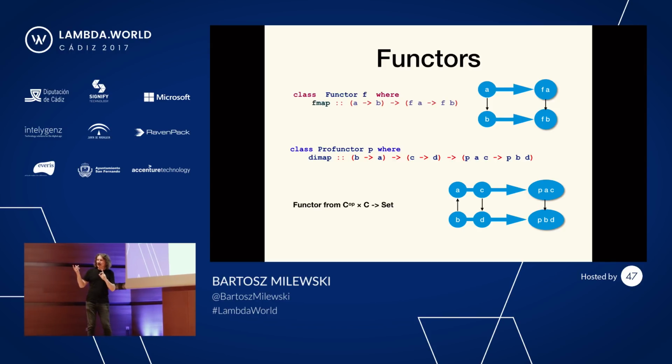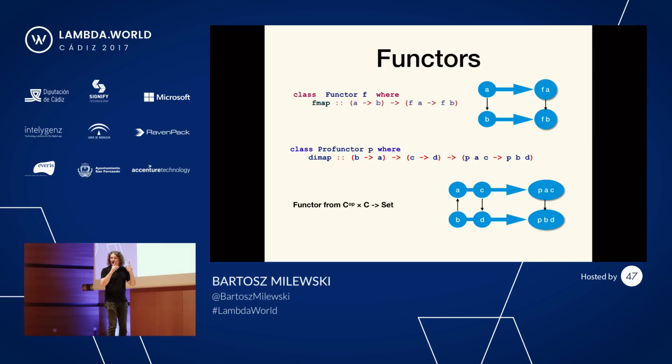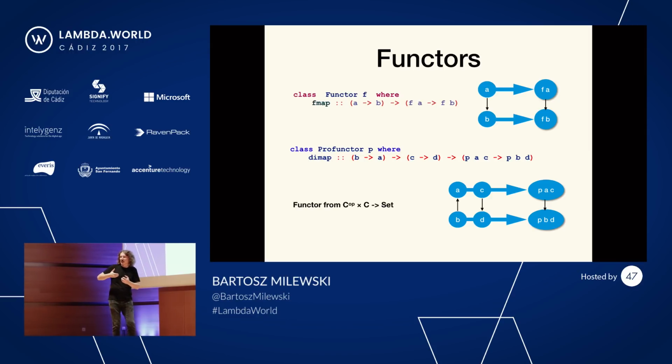Now, the lifting of functions is funny because it takes a pair of functions and lifts them. But one of the functions goes in the opposite direction. Because you can think of this as consuming one type and outputting another type. When you're consuming, you have to adjust the input; when you are producing, you adjust the output in the opposite direction.